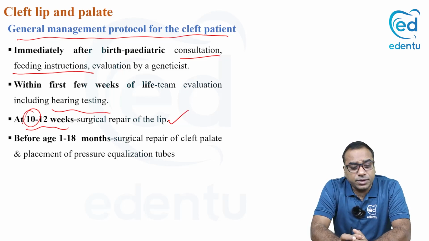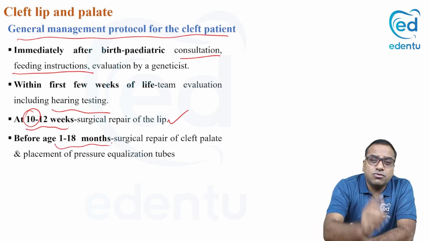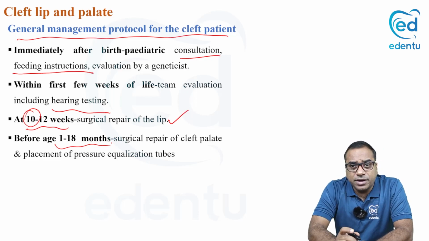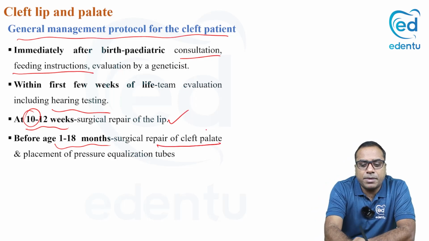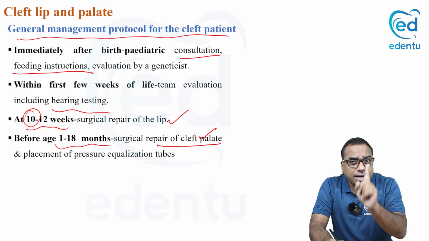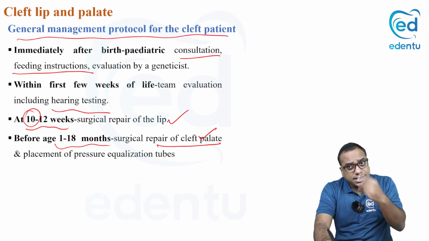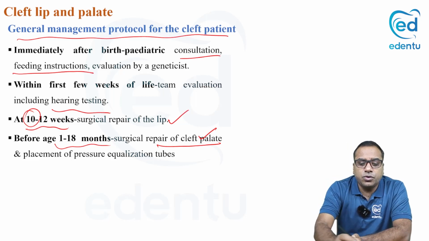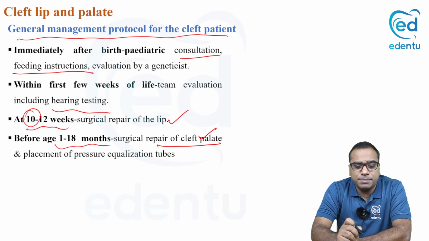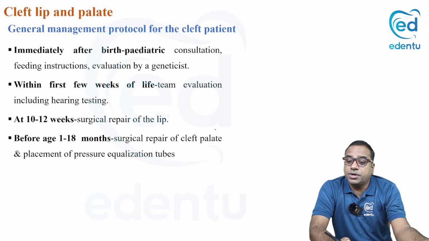Then before the age of 18 months, so 1 year to 1.5 years, surgical repair of the cleft palate takes place. First is the lip at 10 to 12 weeks, then at 1 to 1.5 years you do the palate. First lip, then palate. And placement of pressure equalization tubes can be done.